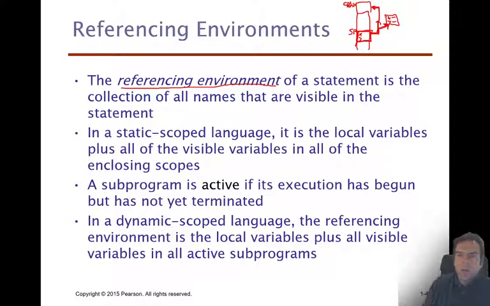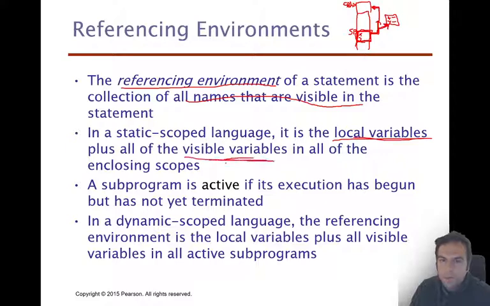So once a statement executes, you've got the environment that's local, so all the names that are visible to that statement. In a statically scoped language, it's the local variables plus all of the visible variables of the enclosing scopes, right? And so you have some pointers to those enclosing scopes.